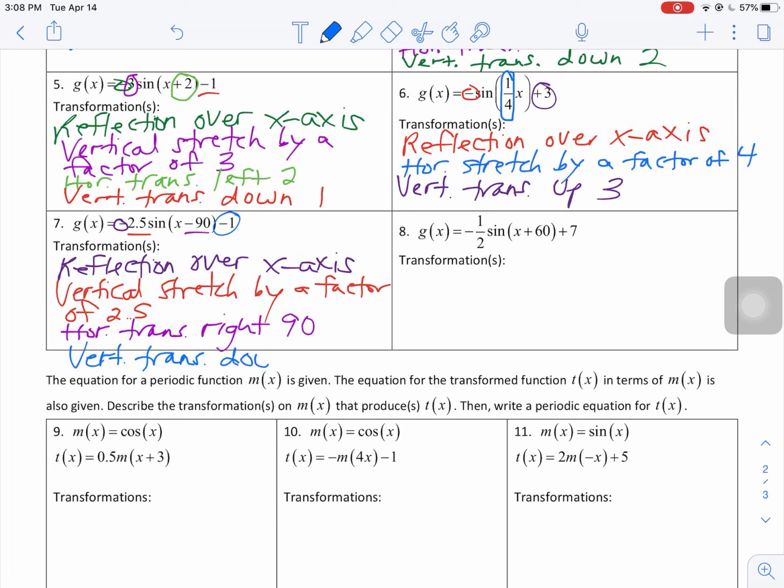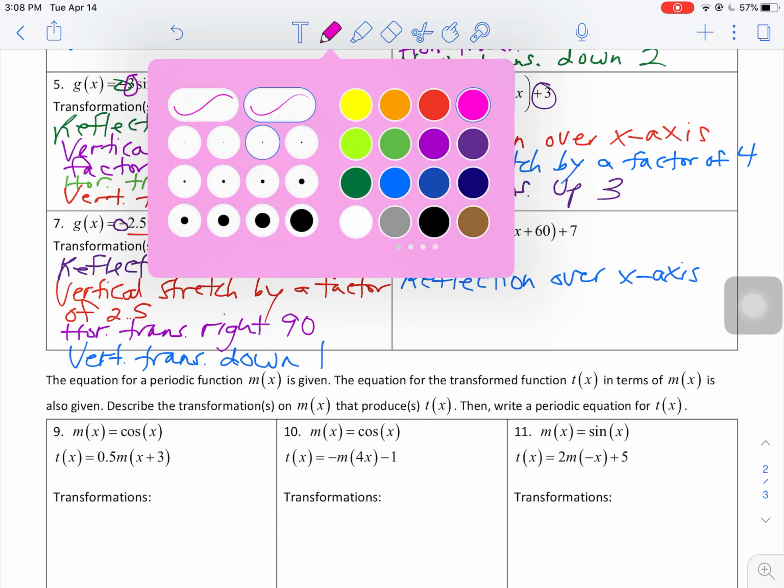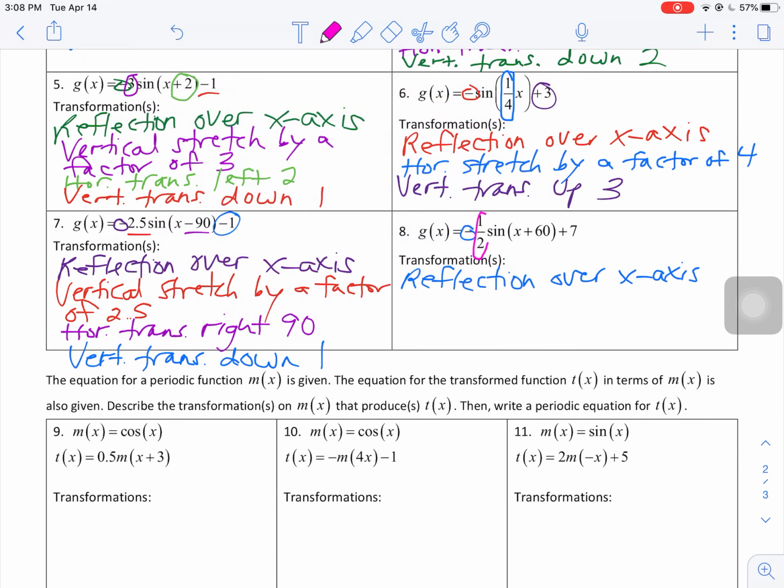translation down 1. On 8, that minus sign in the front is your reflection over the x-axis. The 1/2 is in between 0 and 1, so that's a vertical compression by a half.